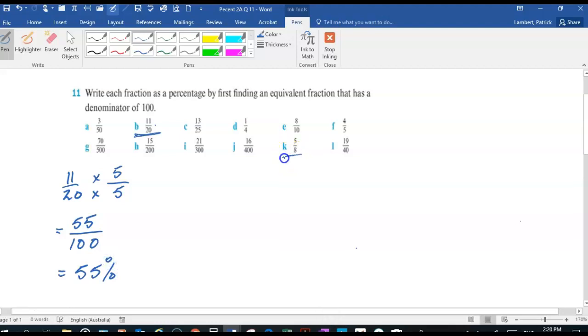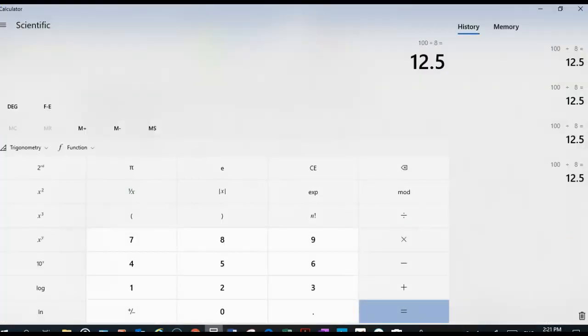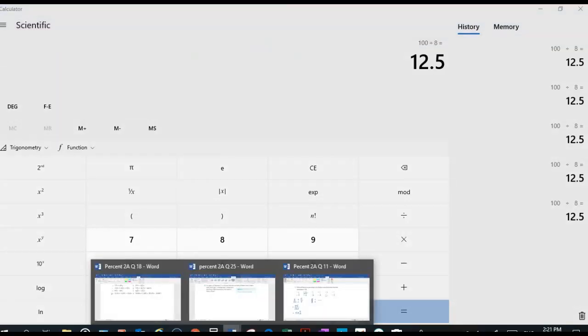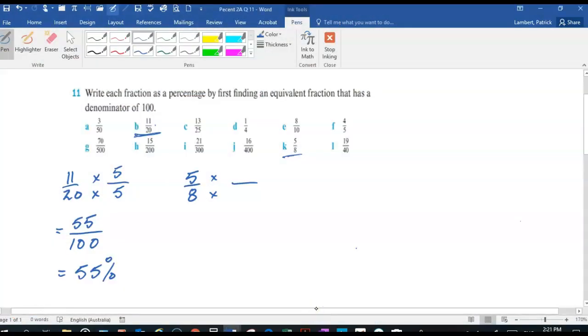So let's have a look at part K, which seems a little bit harder. So 5/8 written as an equivalent fraction in hundredths. So calculate a time, 100, simplest way, divided by 8. Answer is 12.5. So we'll go back and have a look.